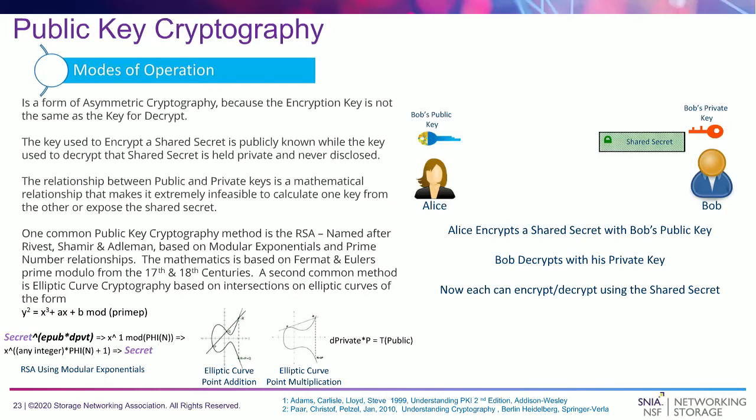You use these curves, and the public and the private keys have relationships based on point additions and point multiplications on that elliptic curve. And this is actually gaining in popularity, very popular.